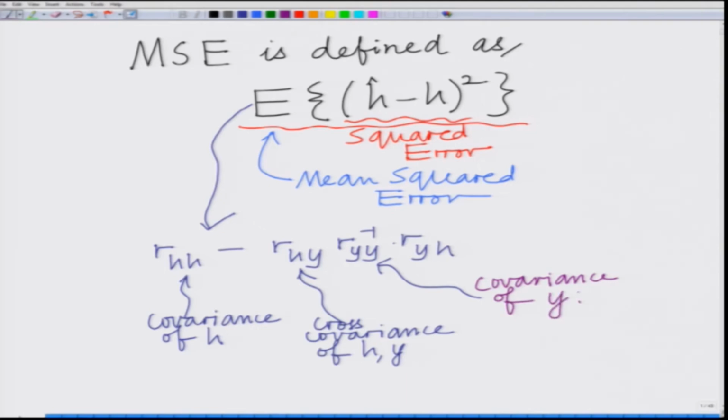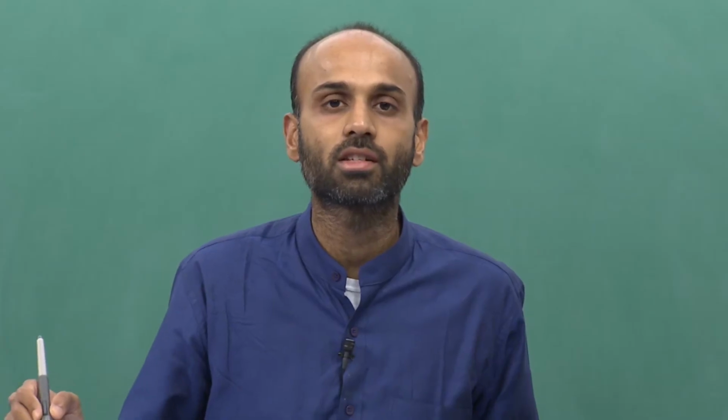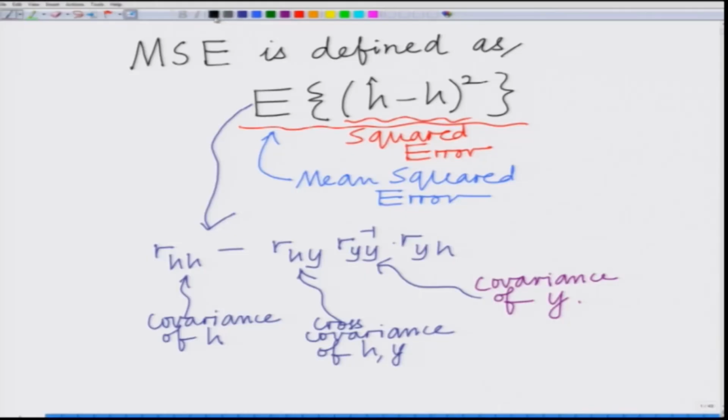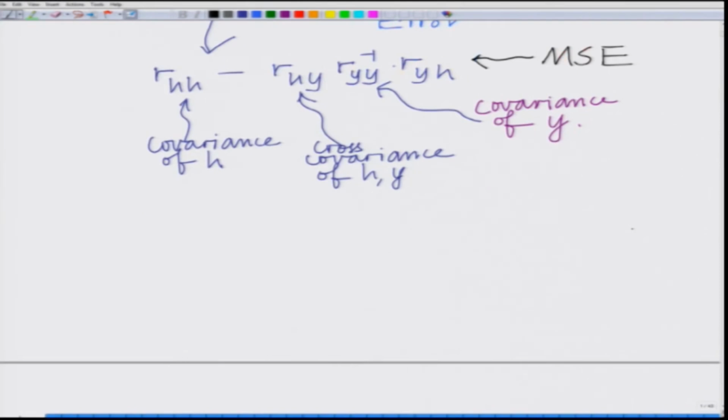If Y is a vector, then this is going to be a covariance matrix, otherwise if Y is scalar, this is simply the covariance. This is the expression for your MSE. We have derived this expression for the scalar scenario, the vector scenario, and so on. Now, let us look at this in the context of our wireless sensor network.